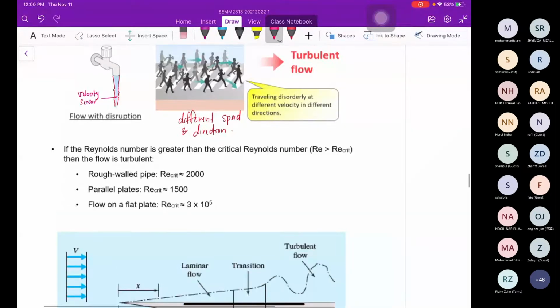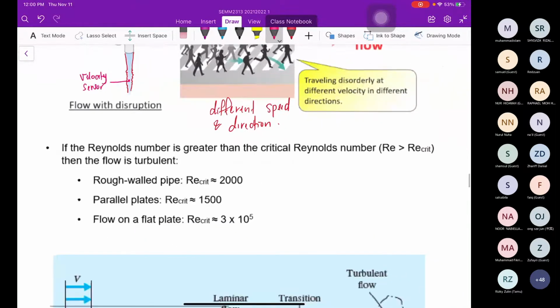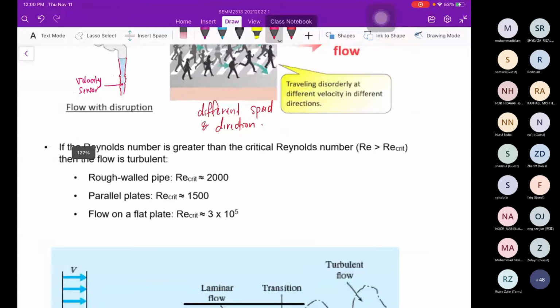In order to differentiate the different kinds of flow, we understand that the Reynolds number is the indicator whether the flow is laminar or turbulent. If the Reynolds number for the rough wall pipe is around 2000, when the flow is more than 2000, it is considered turbulent.